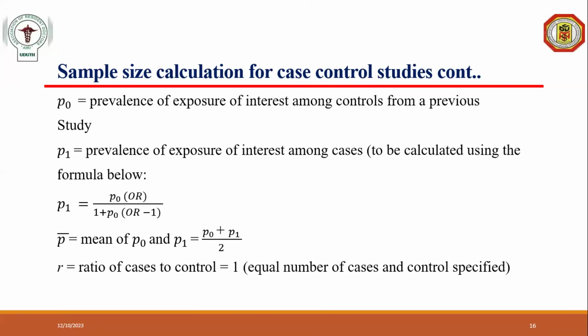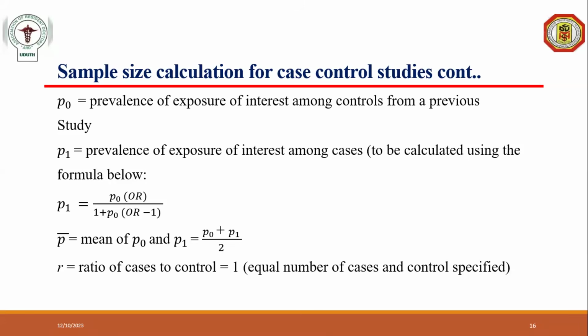Then P1 is the prevalence of exposure of interest among cases in the previous study, and this one is calculated using this formula: P1 is equal to P naught times odds ratio, all over 1 plus P naught times (odds ratio minus 1).